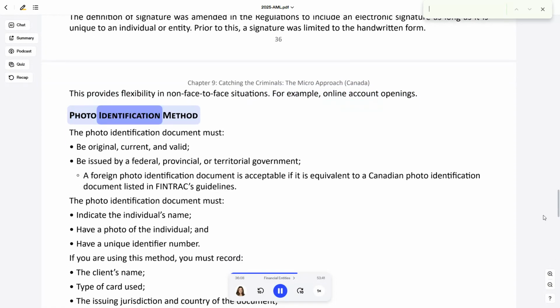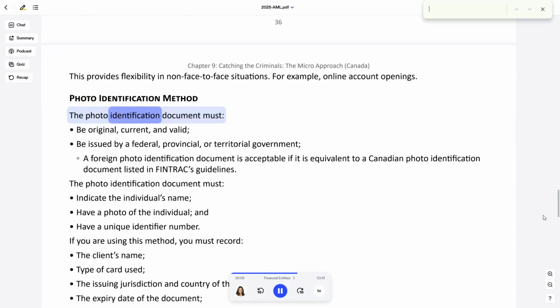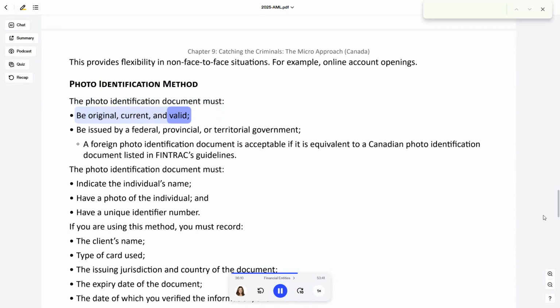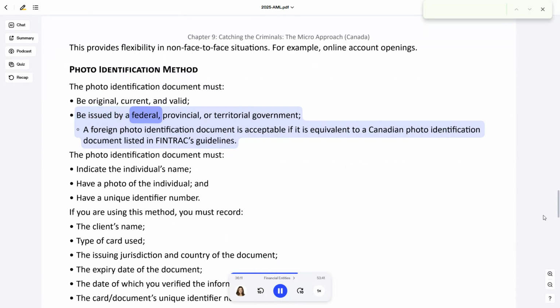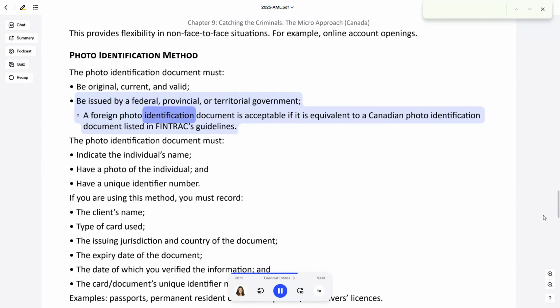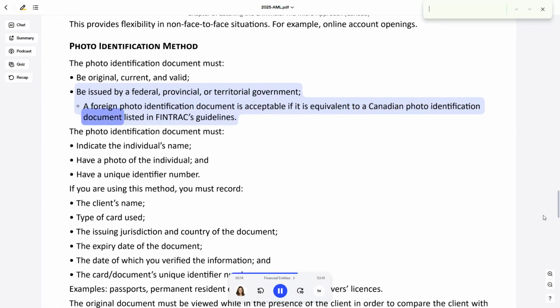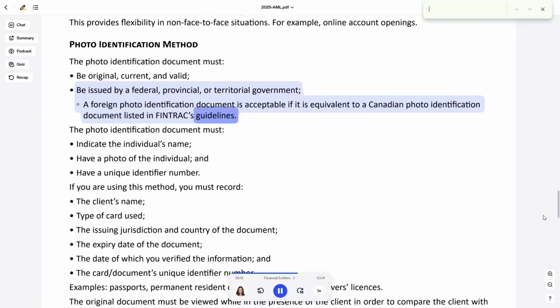Photo identification method. The photo identification document must be original, current, and valid, and be issued by a federal, provincial, or territorial government. A foreign photo identification document is acceptable if it is equivalent to a Canadian photo identification document listed in FINTRAC's guidelines.